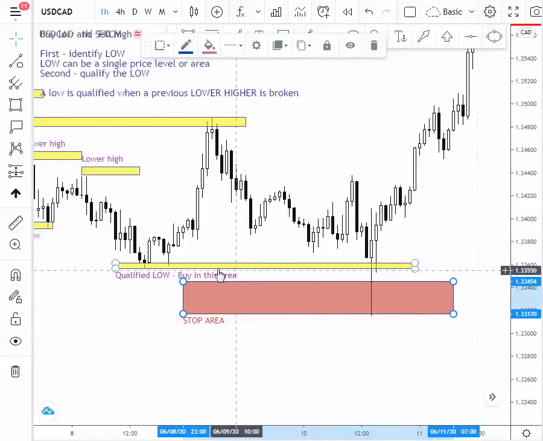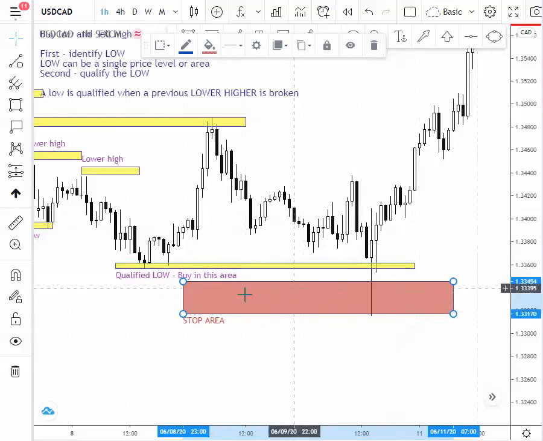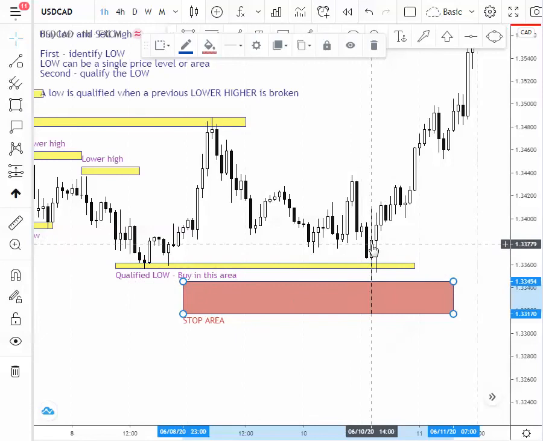So we say this is a stop area. We wait for this 1 hour bar, which is only 60 minutes, to close. And when it closes, we're then going to put on our stop. So had this bar closed down here, and been a black bar, so it's a down bar, clearly the analysis would be wrong, and I need to get out of that trade.